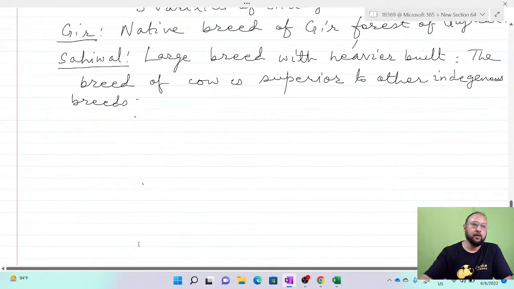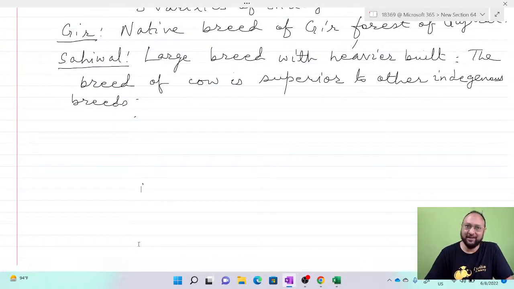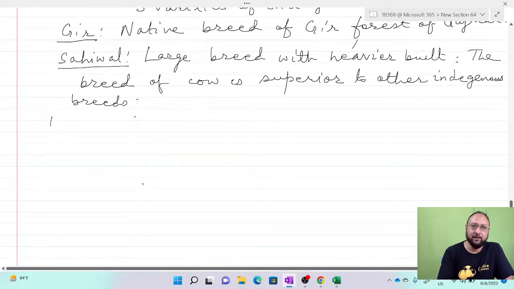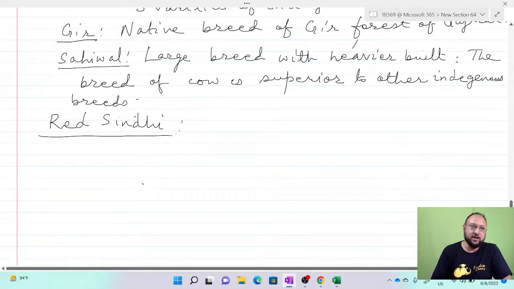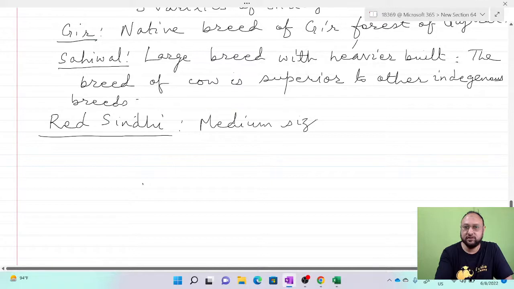Next, after Gir and Sahiwal, there is the Red Sindhi. It is a medium-sized breed, but it is also a very good yielder of milk.